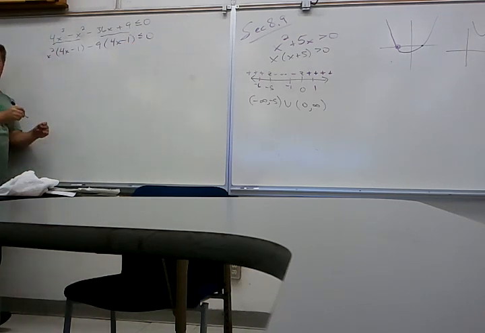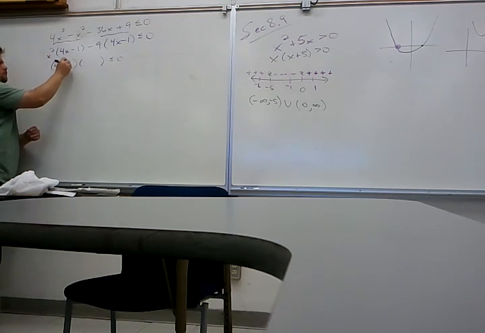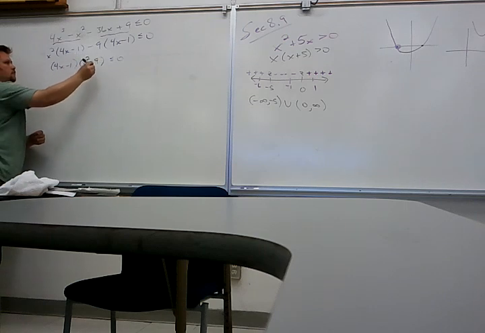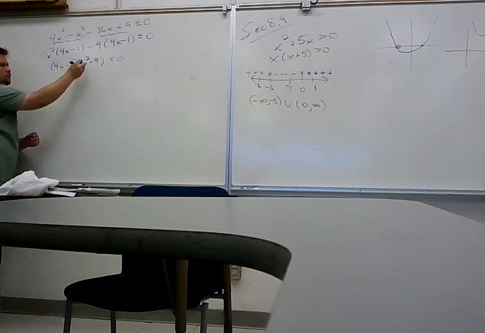How are we doing? Okay, then what's the next step? 4x minus 1, x squared minus 9. Just grouping, take the 4x minus 1 out, left with the x squared minus 9. What can I do with this? You're not done yet, right? x minus 3.